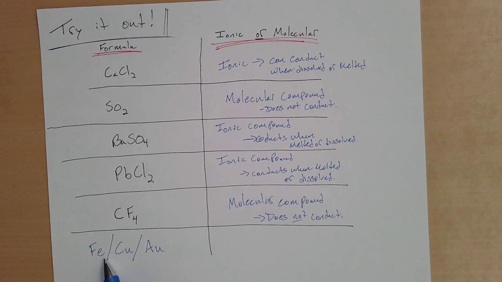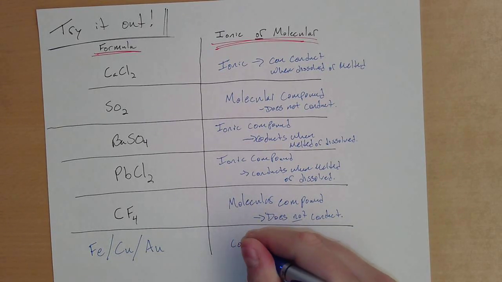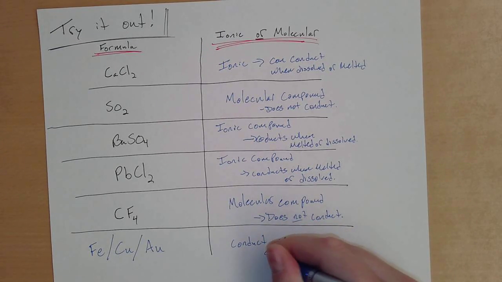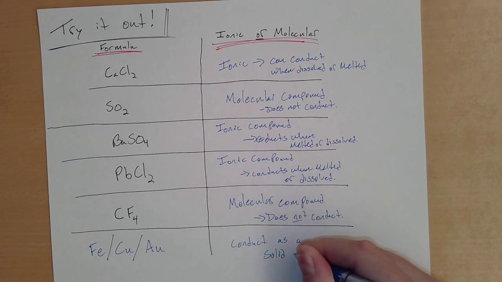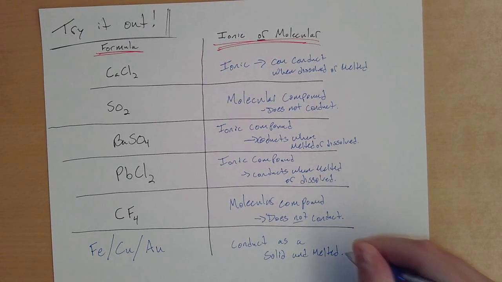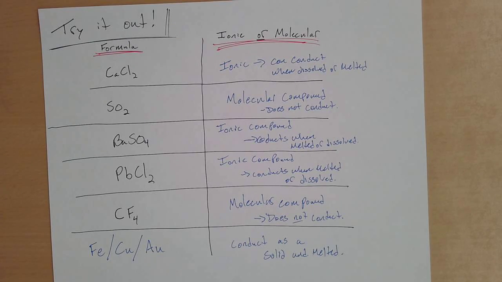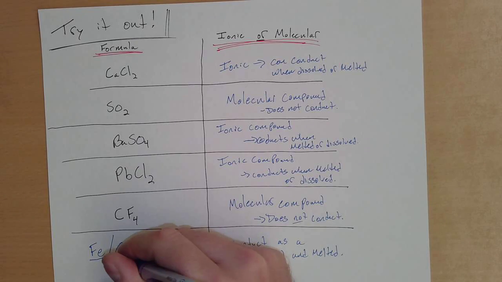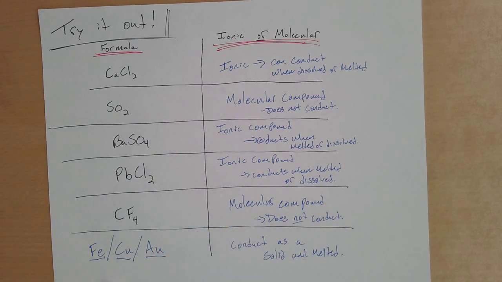But if you see one single metal, it conducts as a solid and melted. And if it's just one thing, we're not going to worry about dissolving or not dissolving. So if it's solid or melted, any one of these things can conduct. That's my iron, that's my copper, that's my gold, etc. So we can say that those are conductive.